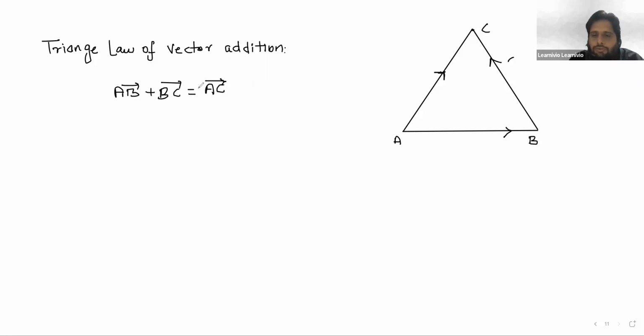I hope this is clear to you all. So in a triangle, if you go in this direction, then in this direction, and you also have an option to go directly, then AB plus BC will be equal to AC. This is the triangle law of vector addition.